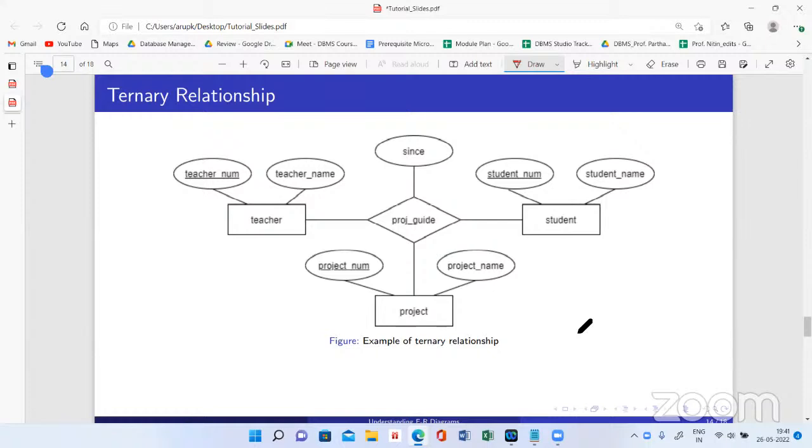A teacher can have many students, a student can have many teachers, a teacher can guide many projects, a student can take many projects. We cannot realize one to many or many to one in this way. There is another alternative approach. We'll cover it next day. Today we don't have much time to complete that part because it's a difficult concept.